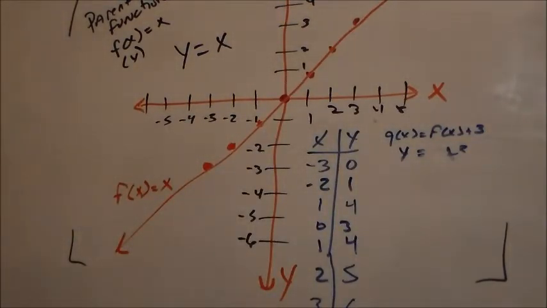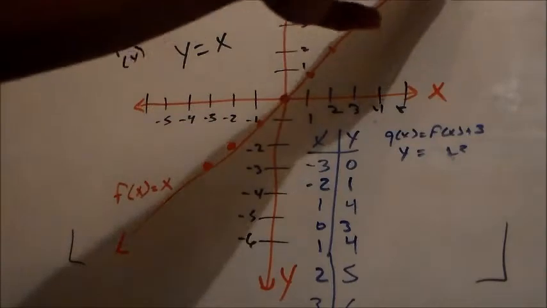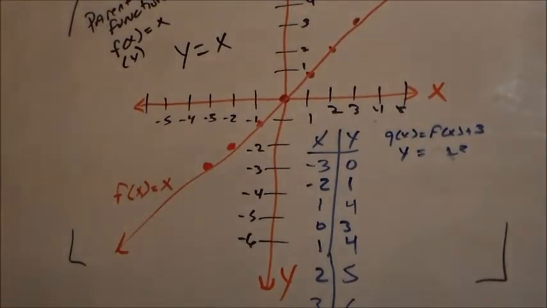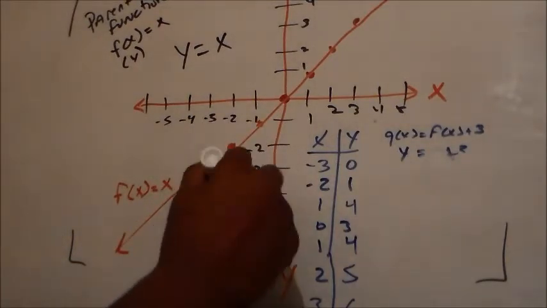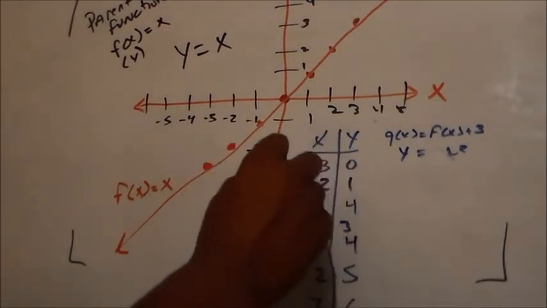Now, back to our question: determine the effects on the graph of the parent function, which is f of x equals x. Now we put in our g of x equals f of x plus 3, and what we have now is a whole new line. So negative 3 and 0: if we plug in negative 3, our y value is 0.